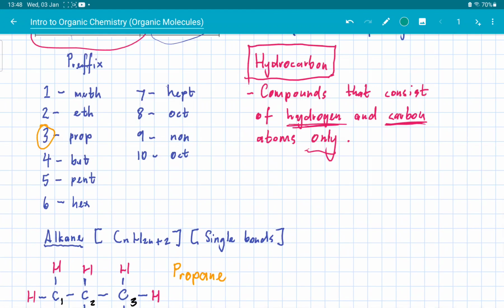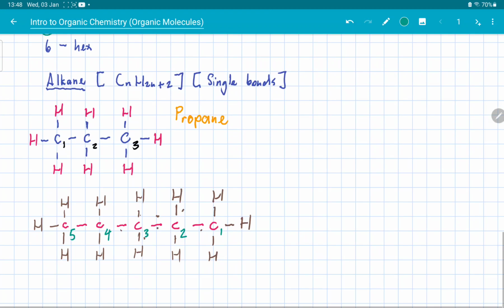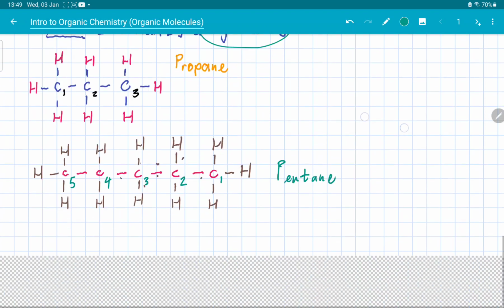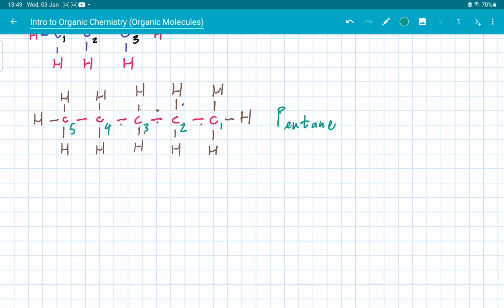Which prefix do we use? Pent. Pent wethu. That means I'll start with pent. Belong to which homologous series? Alkane. How do we know that? Because they are single bonds between carbon atoms. So that is going to be what? Pentane.